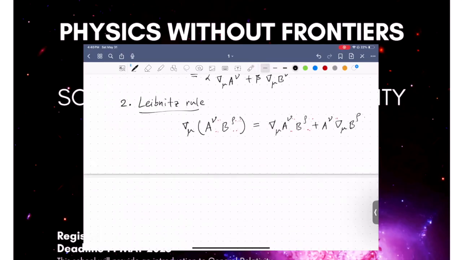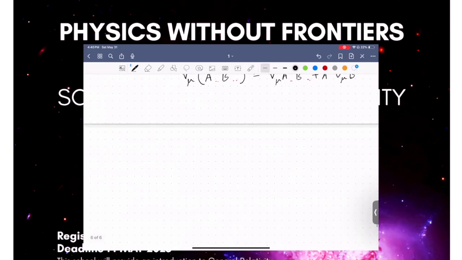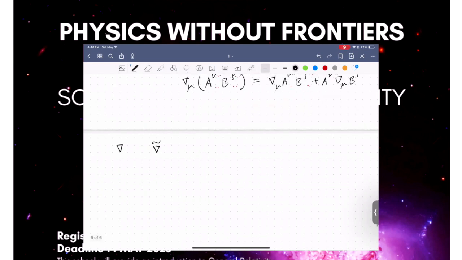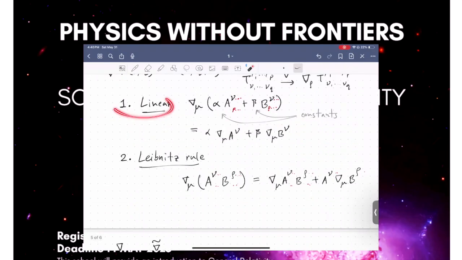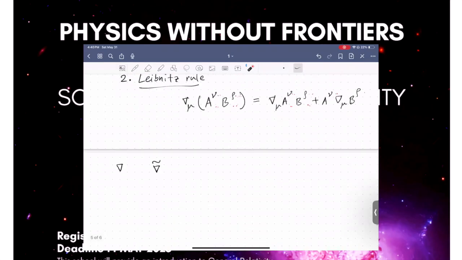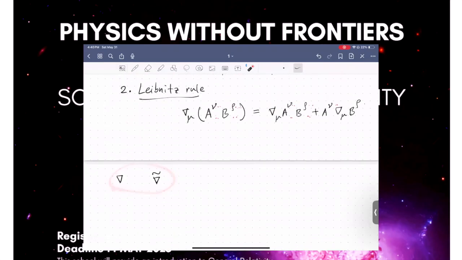So suppose we somehow manage to find two such operations, okay? Let's call one of them del and the other one del tilde. Suppose we have two of these operations that both map tensors to tensors and are linear and follow the Leibniz rule. Then how do we expect them to be related, or how different can they possibly be?